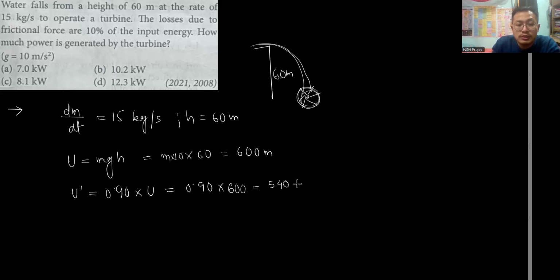So 540 joules per, sorry, per one second, 540 m.